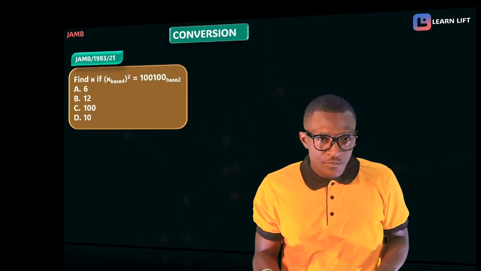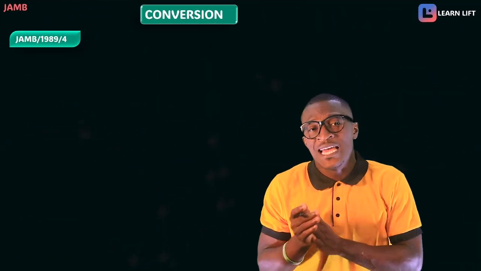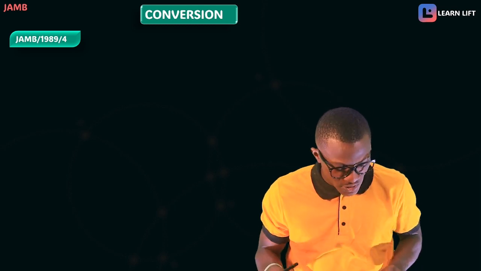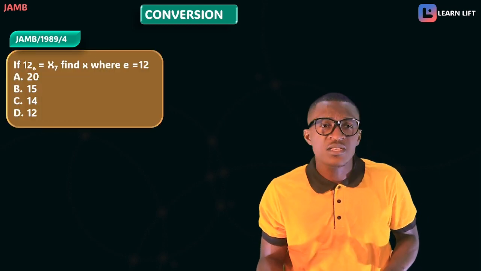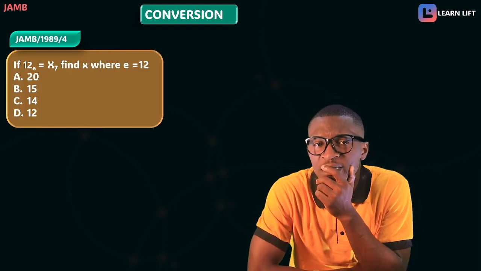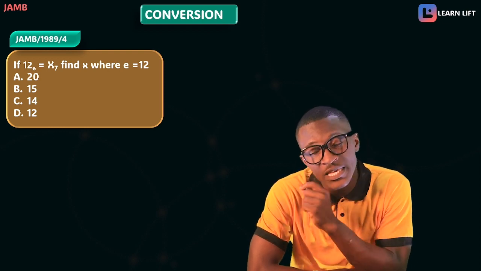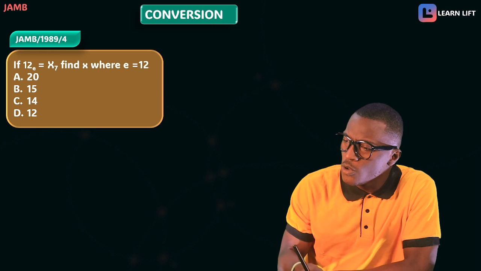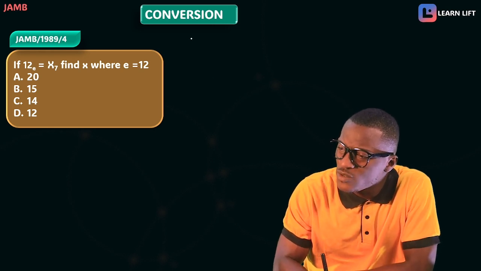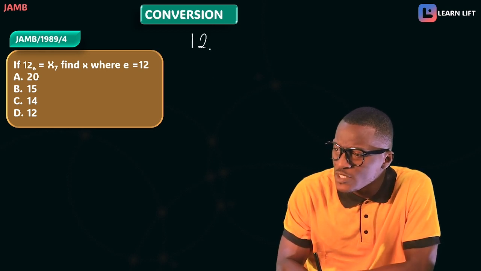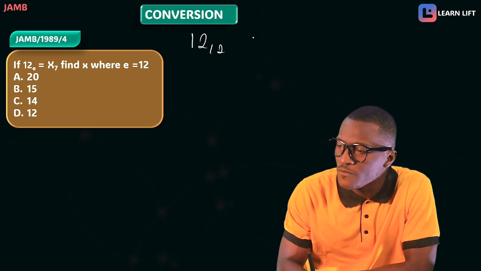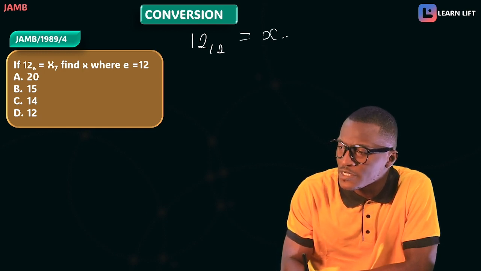The next question is JAMB 1989 question 4. The question says if 12 base e is equal to x base 7, find the value of x where e is equal to 12. In other words, we are practically saying 12 base 12, because e is 12, is equal to x base 7.